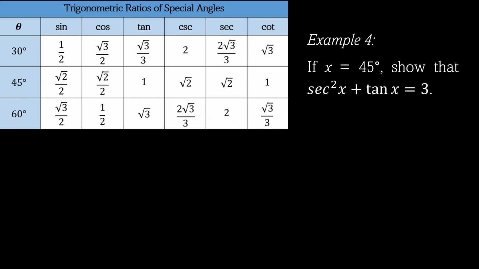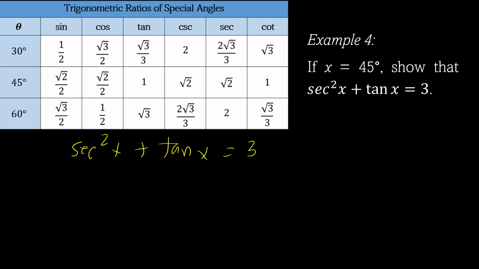Next, example number 4, if x is equal to 45 degrees, show that secant squared x plus tangent x is equal to 3. Paano gagawin natin dyan? O, sige, substitute natin. Secant squared x plus tangent x is equal to 3.